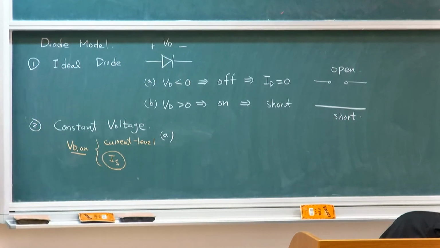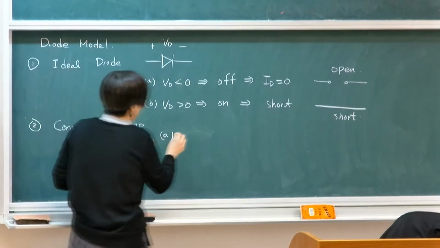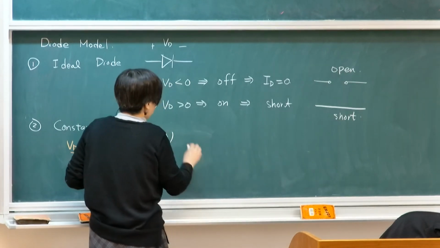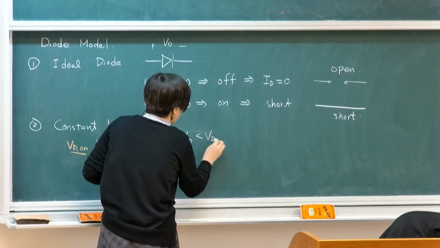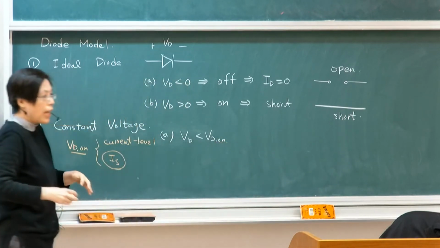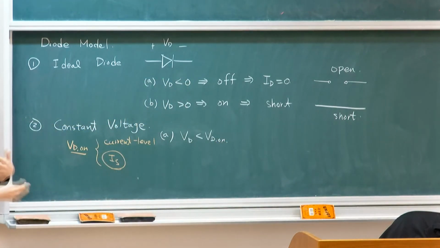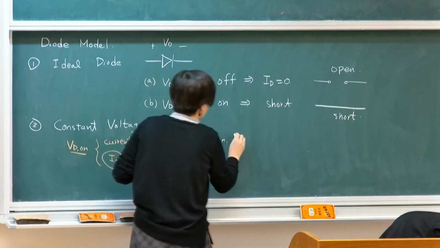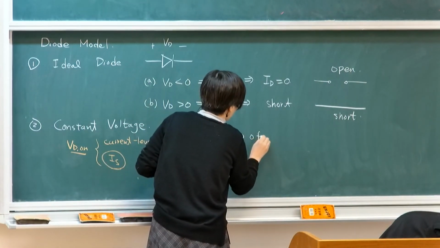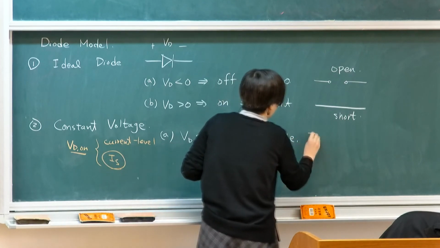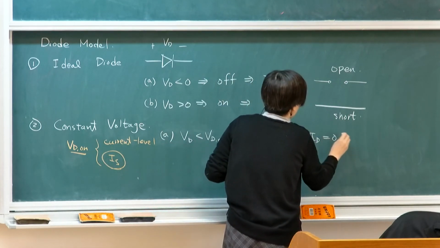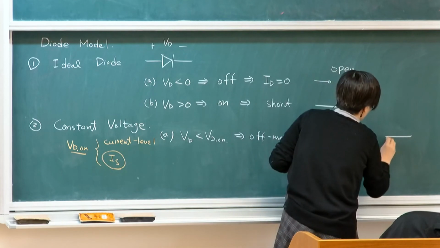Okay, so once we have this, then we define this more carefully. If VD is smaller than VD-on, so if it has not exceeded the threshold, we assume that it's in what we call the same as off mode, and we assume that the current is essentially 0. We view it in a circuit as an open circuit.